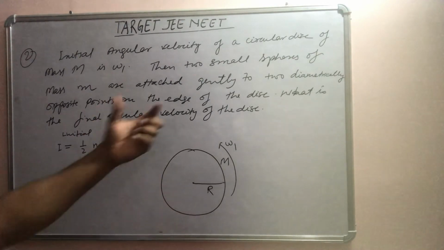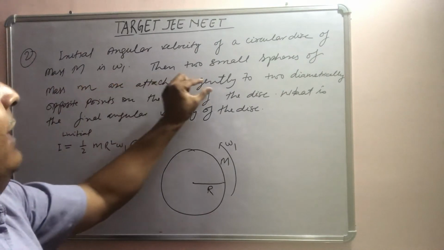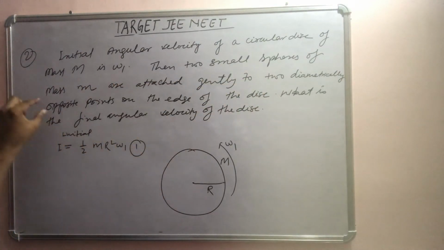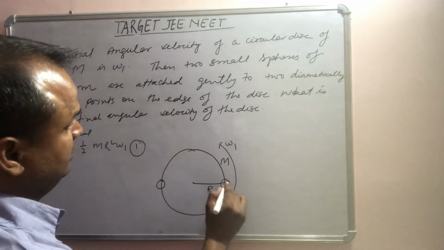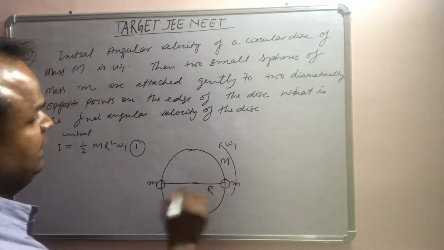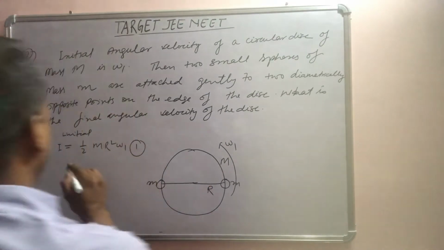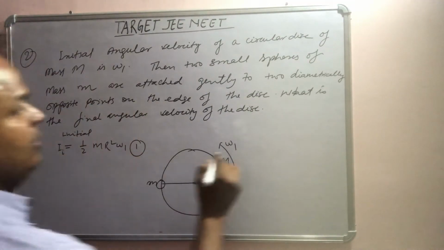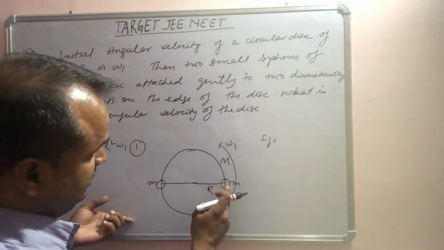Now, given two small spheres of mass small m are attached gently to two diametrically opposite points. Suppose one mass is here, another mass is here, mass m, this is also m, diametrically opposite. This is the final condition.